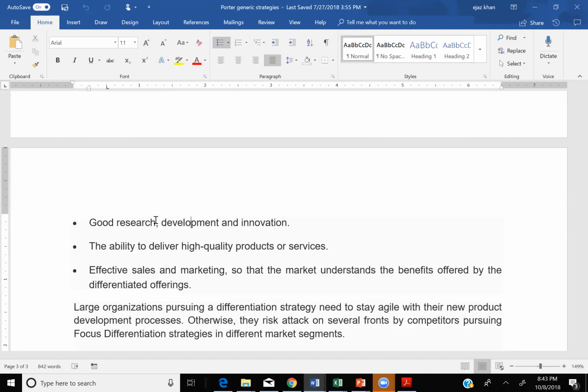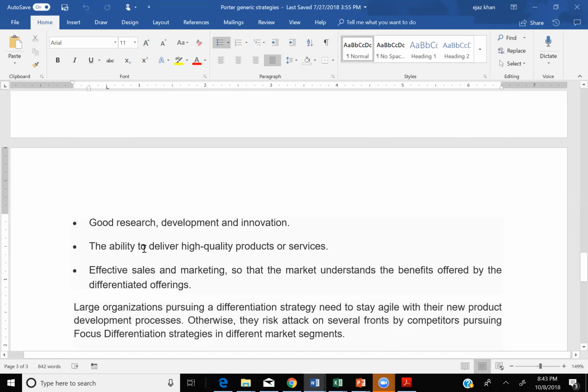It spent around $25 billion on research and development. It's quite a huge amount. So you can imagine how much these high-tech companies will be spending on research and development.